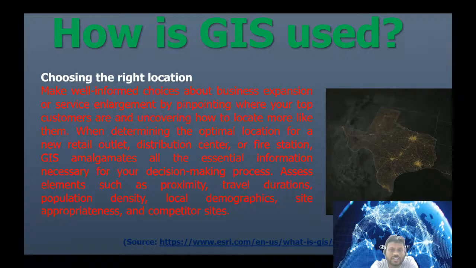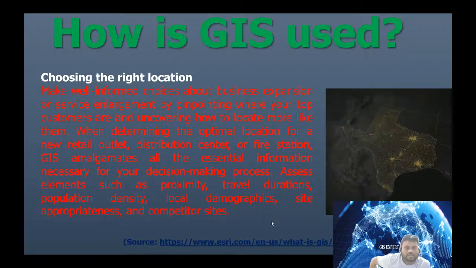So how is GIS used? Choosing the right location. Make well informed choices about business expansion or service enhancement by pinpointing where your top customers are and uncovering how to locate more like them.